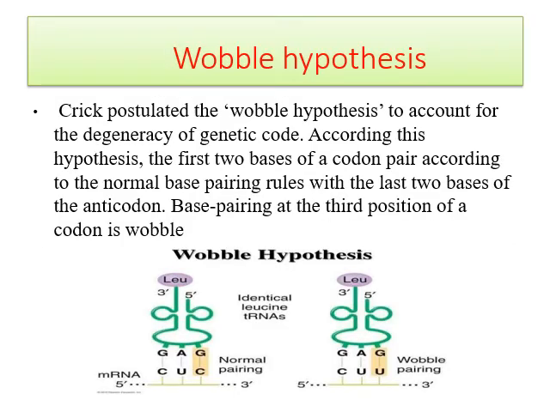One important hypothesis related with property of genetic code is the wobble hypothesis. Crick postulated the wobble hypothesis to account for degeneracy of genetic code. According to wobble hypothesis, the first two bases of codon pair according to normal base pairing rules, while the base of the anticodon pairing at the third position of a codon is wobble.